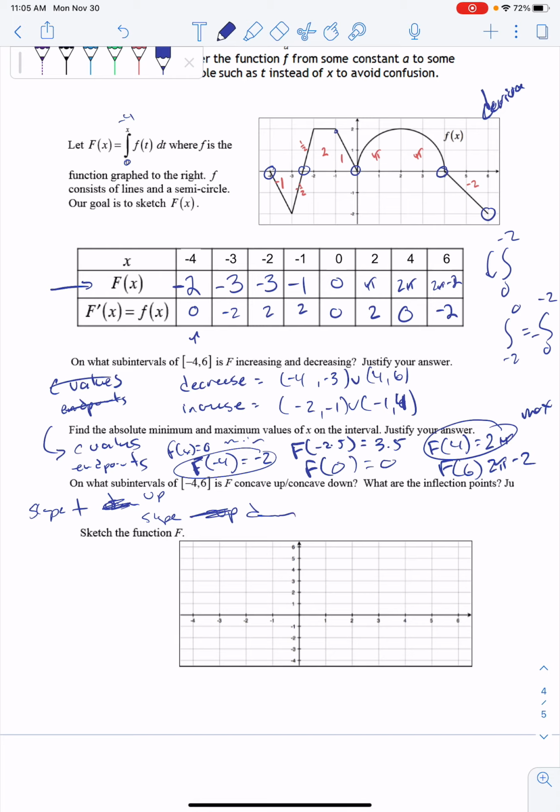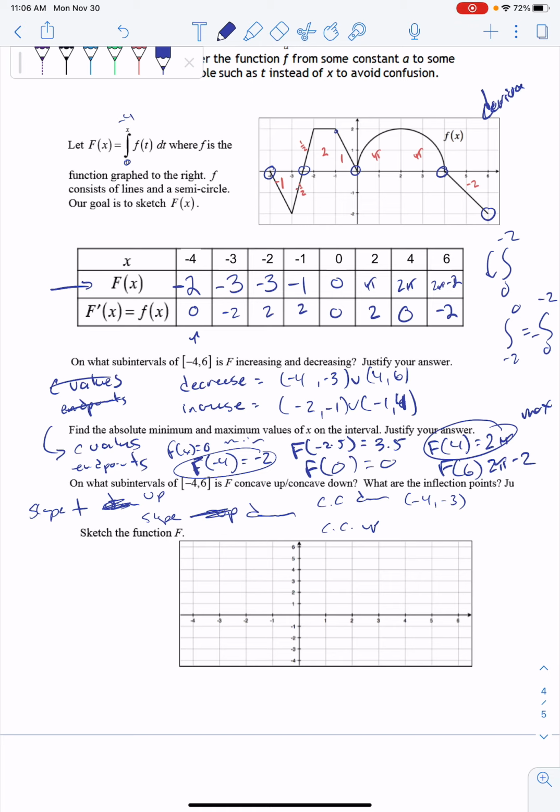So, looking at my interval here, f prime of x, on what subintervals? So from negative 4 to negative 3, I go from 0 to negative 2. So I'm concave down. So from negative 4 to negative 3, I'm concave down.